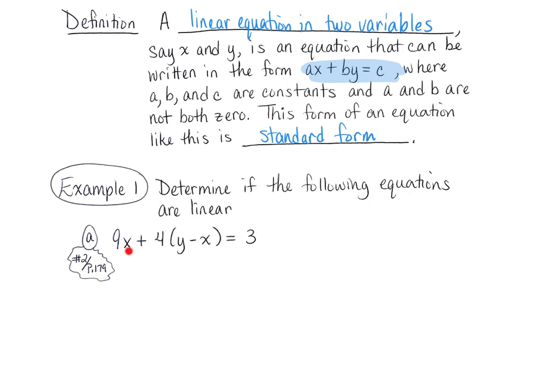We have 9x plus 4 times the quantity y minus x equals 3. If this equation is linear, we should be able to have it in standard form. Notice, how many variables really appear? 2. What are your variables? X and y. Good. Are there any combinations of x and y?